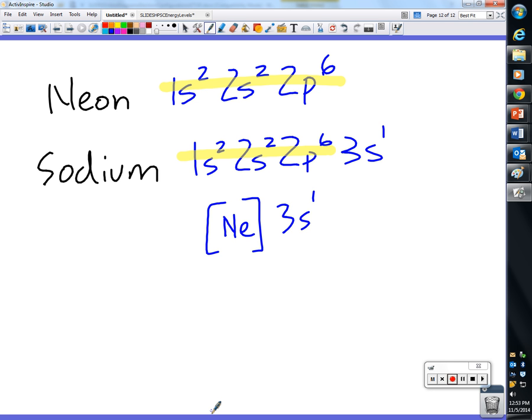Now, hold on, let me do this part. This isn't on your sheet, but the next element that shows up on the periodic table is magnesium. And magnesium has 12 electrons. You can't do this.